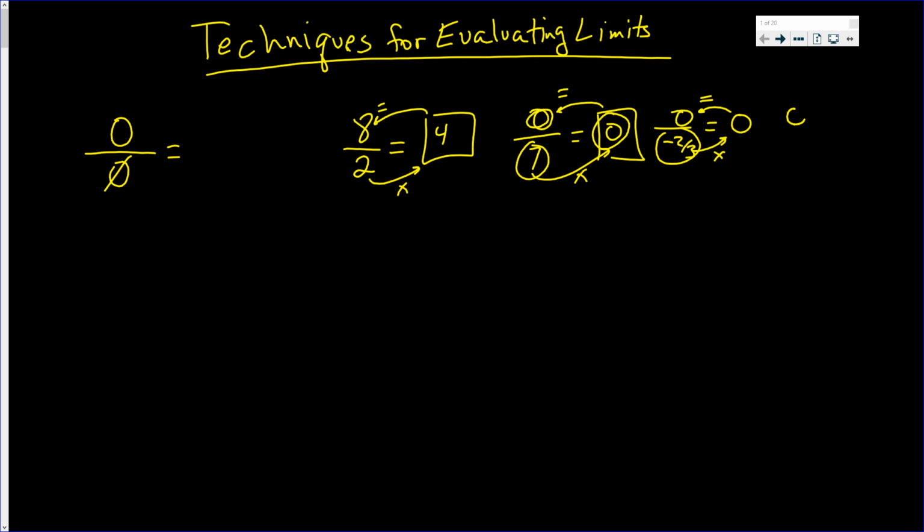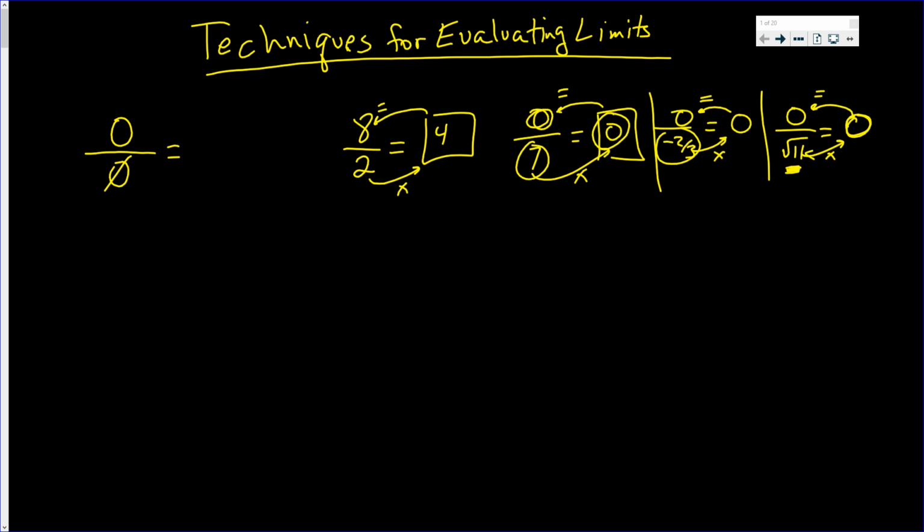If you have 0 over the square root of 11, that's 0, because if you multiply two numbers and you get 0, one of them or both have to be 0. That's not 0, so this has to be. There's no way out of it.